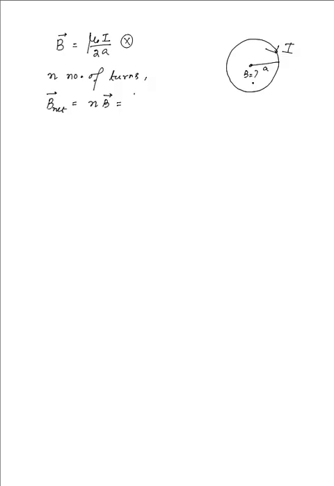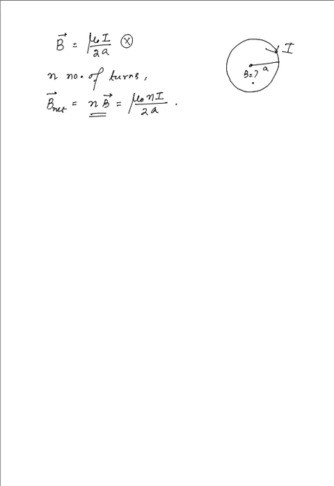So this is simply mu naught n times I over 2a, because it's n times B. It's the usual way of writing that n between mu and I, so that's why I've written it over there, but we can put that n before the expression as well, like in this case that I've done.